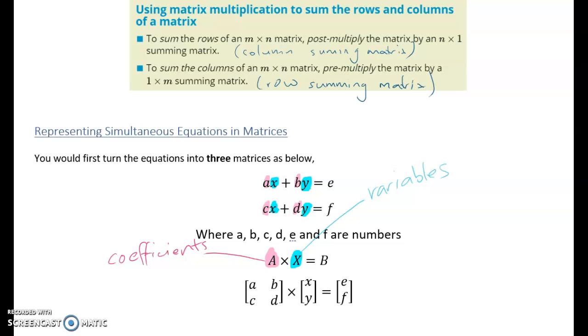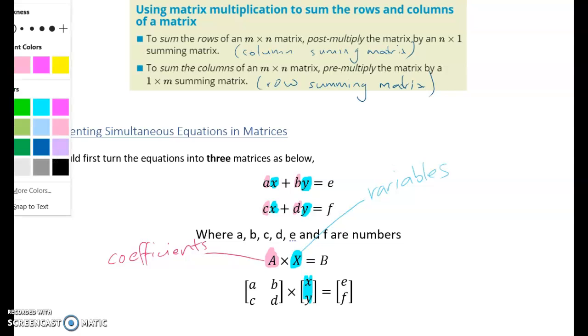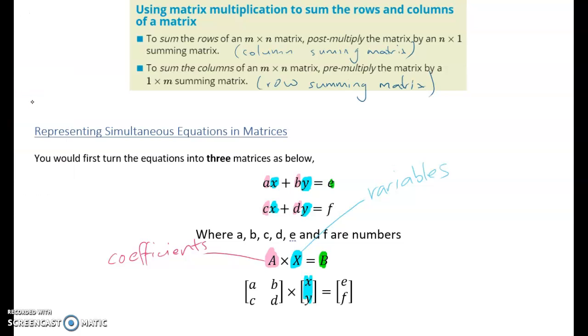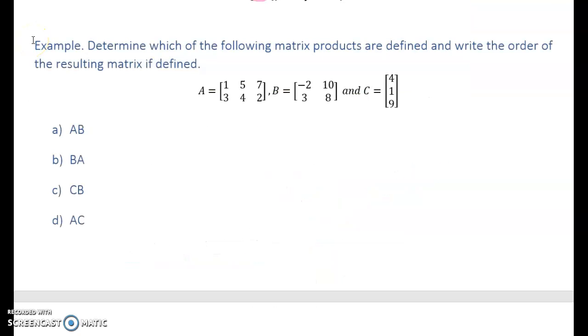And they are here, that middle matrix. And finally, the answers, which I'll give a different color, I'll give them green, make up B. Okay, so this is what the product of each equation is, and that goes after the equals in the final matrix. Okay, let's use that for some examples.